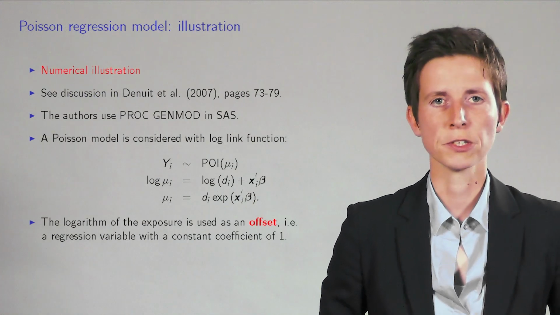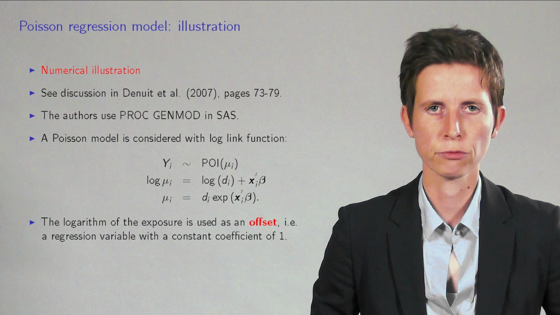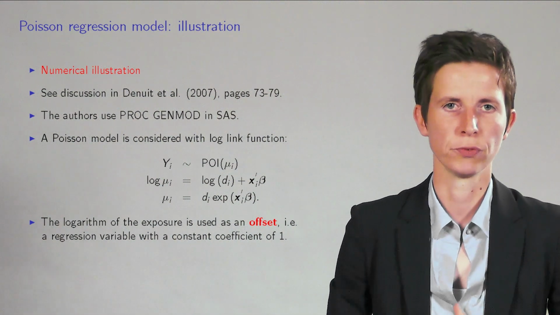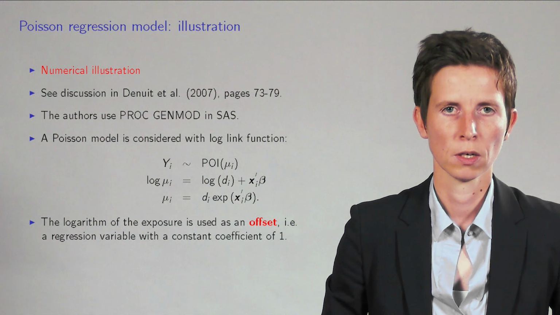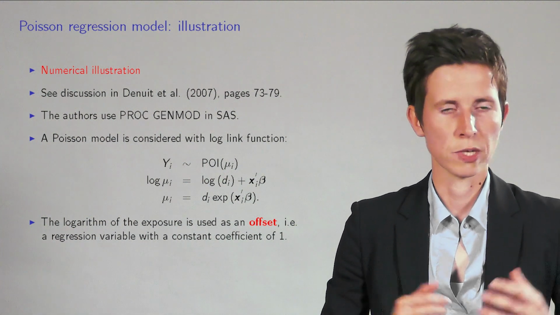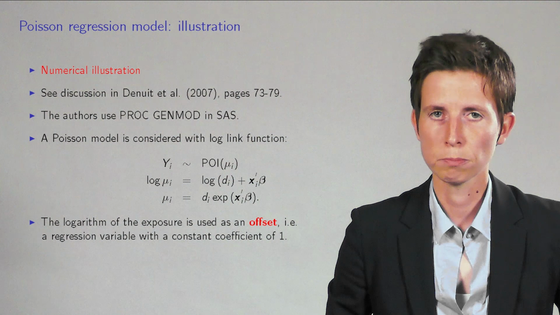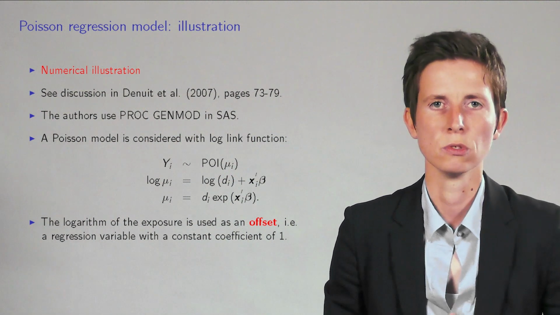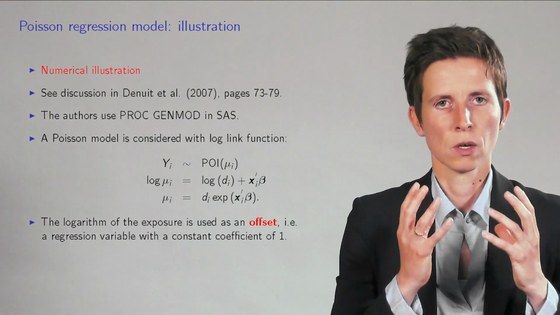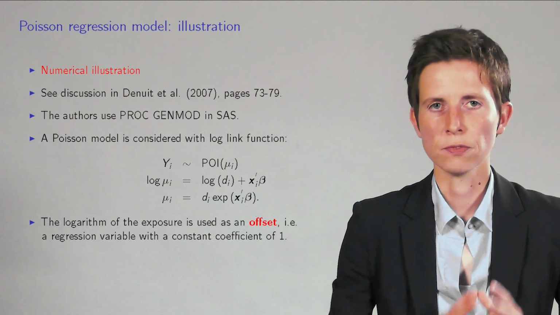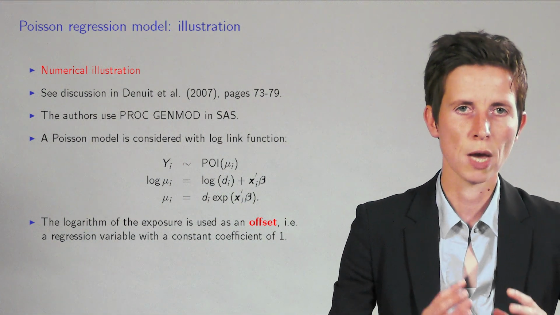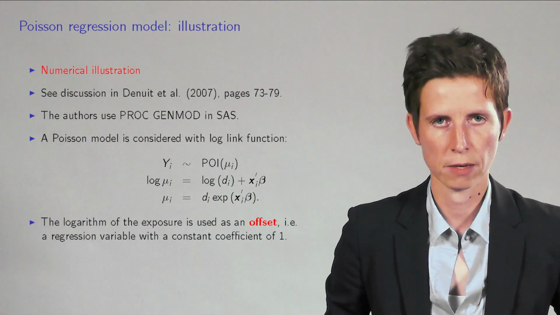Now, let's conclude our discussion of Poisson regression modeling for claim frequencies by returning to the example with portfolio data. The output of this example is discussed in the book by Michel Denuit and co-authors on pages 73 up to 79. It's interesting to know that the authors of this book used the PROC GENMOD in SAS to analyze their data on claim counts.